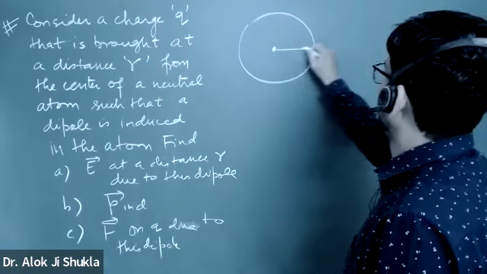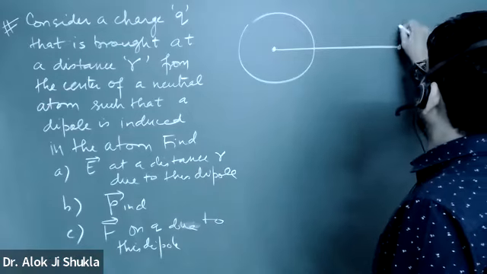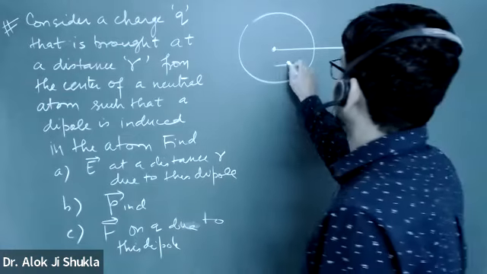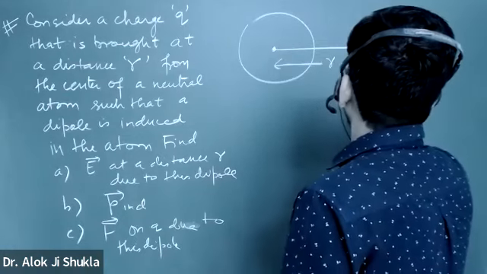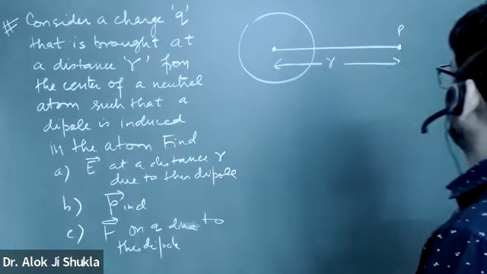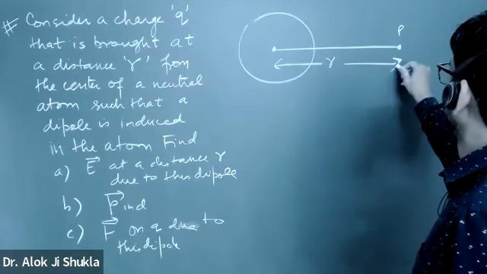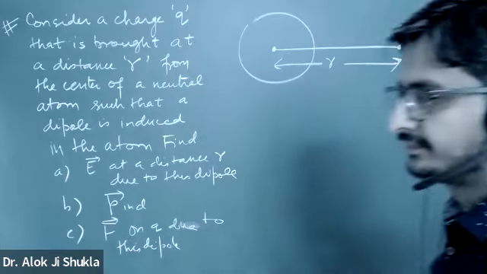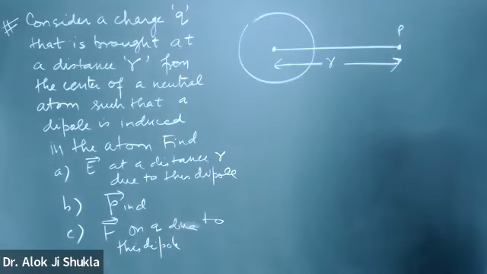And from this at a point P, what is this distance given? Small r. Check from the question, Aditya. Small r.